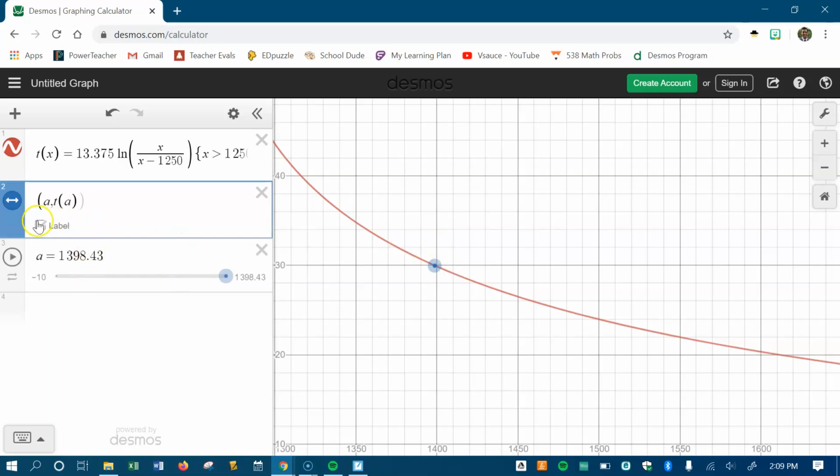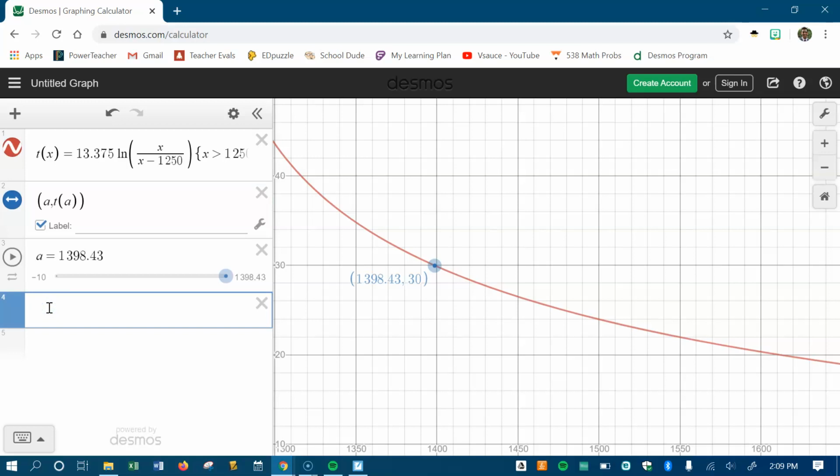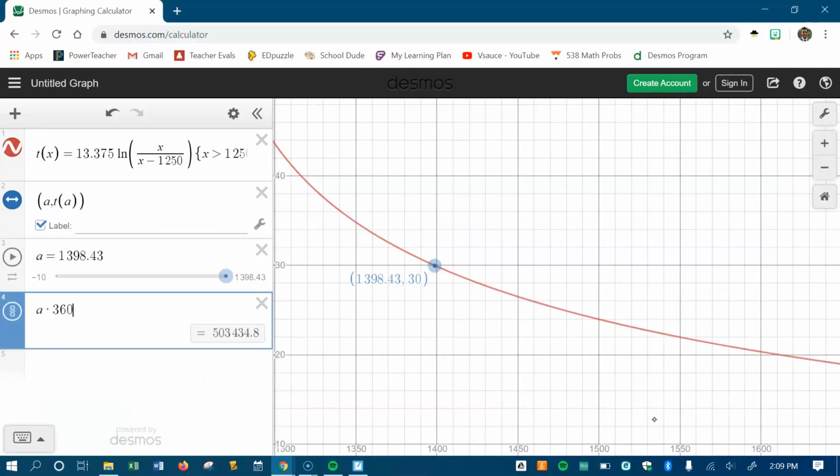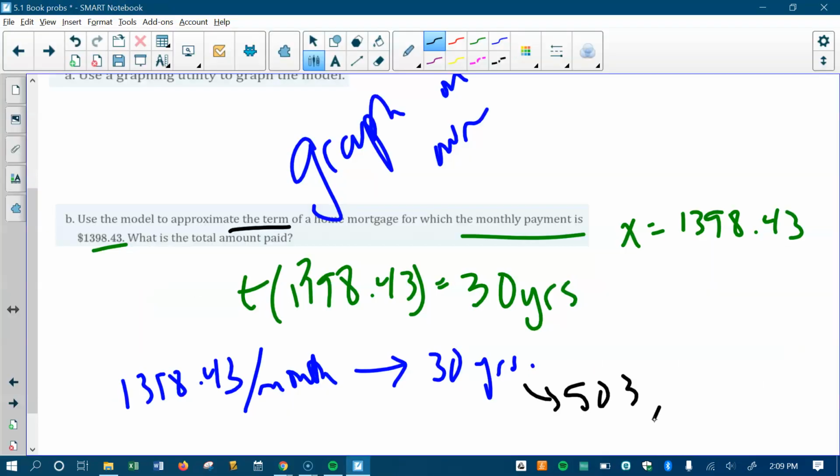Let's go ahead and do that times 360. We get $503,434.80.